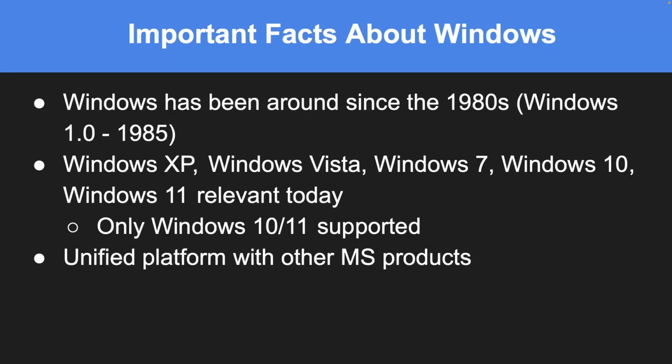Now let's start off with some important facts about Windows. If you're young like me, you'll remember only a few versions of Windows. Maybe some of you will remember Windows 95 or Windows Millennium Edition, or ME, but I remember Windows XP because I was growing up right when Windows XP was a thing.